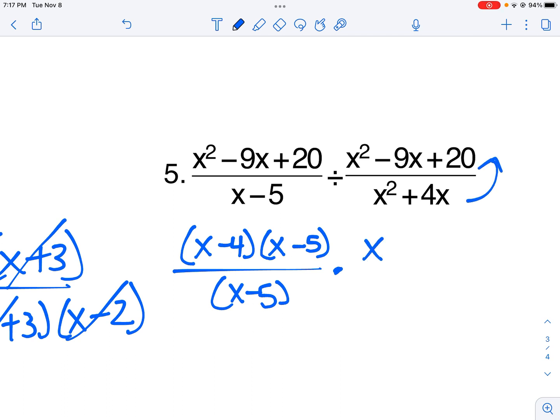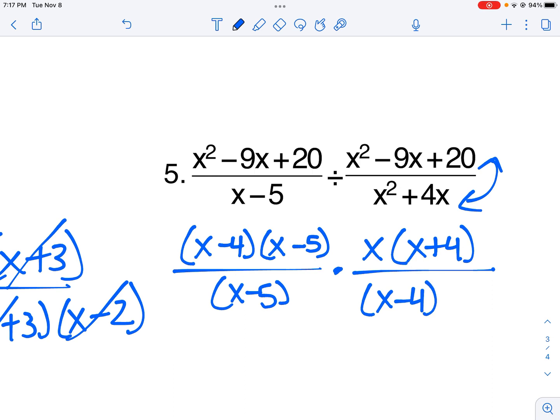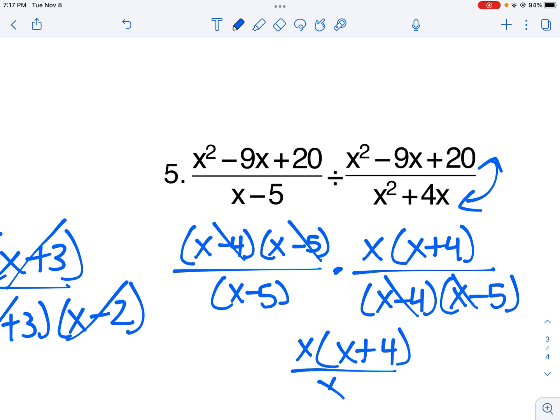So that would factor into x times x plus 4 over, we said that was x minus 4 times x minus 5. Excuse me, sorry, that was a minus 5. So minus 5, minus 4, minus 4. So it reduces down to x times x plus 4 over x minus 5.